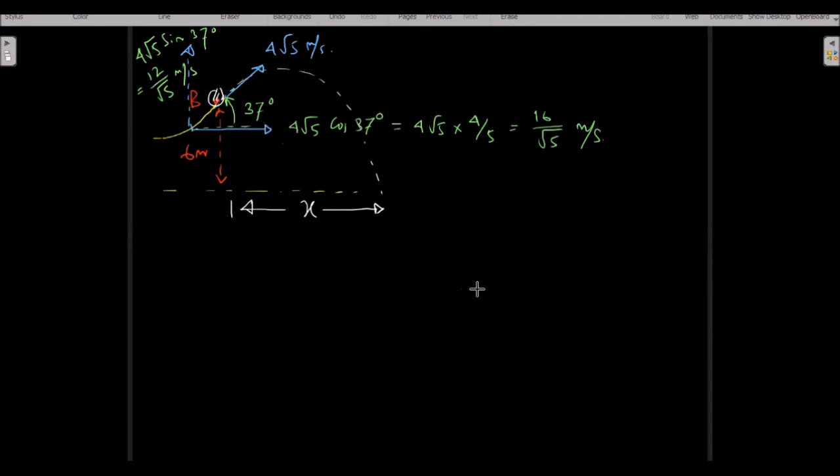Correct? So now if I have to analyze the motion, so now analyzing the motion along x and y axis separately.